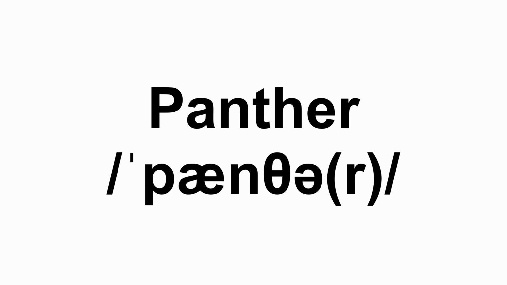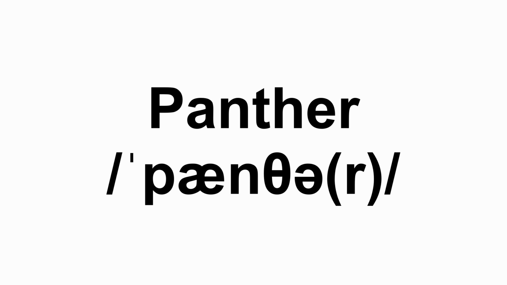So p, a, remember that sound is a, then the n, then this symbol, remember it's a hard th, and then the schwa at the end. Panther. Okay, easy. We're doing well.